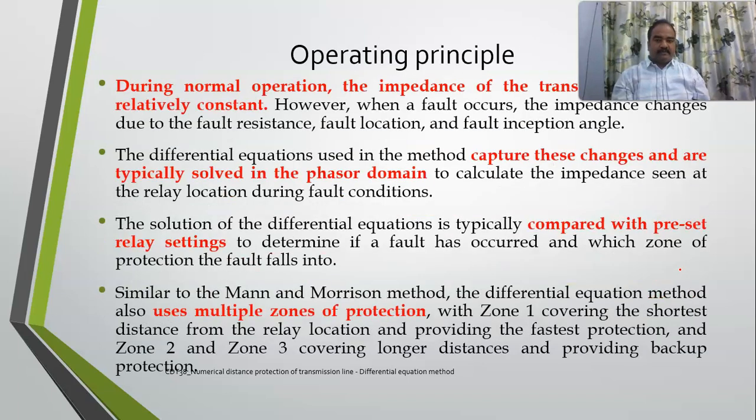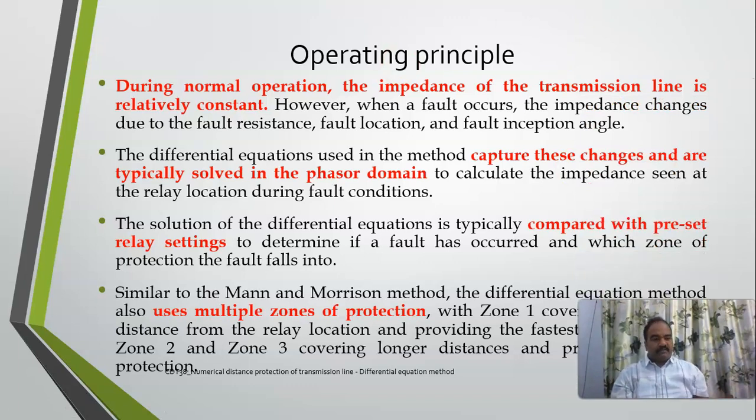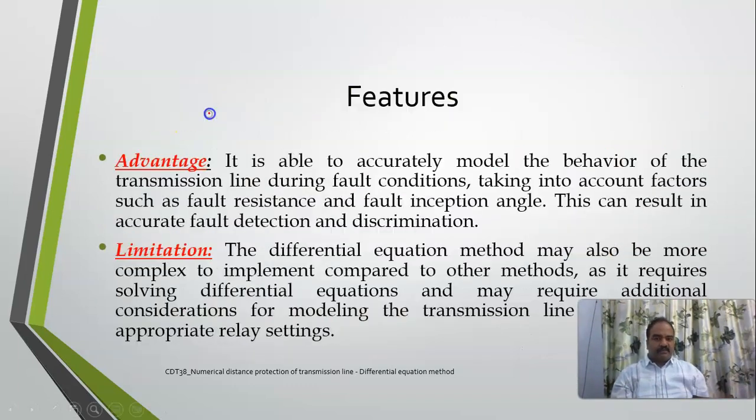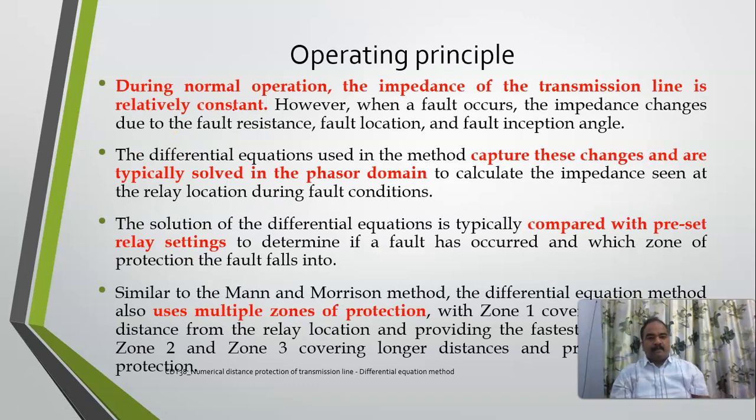Coming to the operating principle, you know that under normal operation the impedance of the transmission line is relatively constant, isn't it? However, when a fault occurs, the impedance automatically changes due to the fault resistance, fault location and the inception angle also.